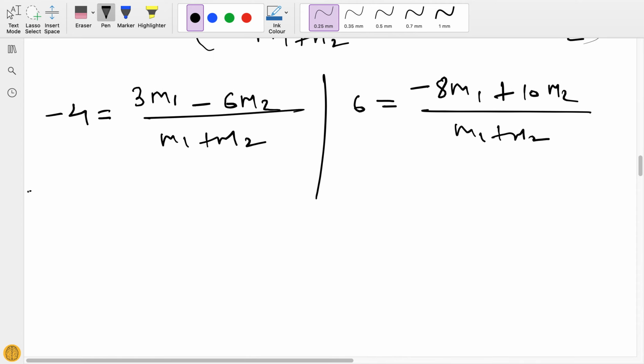So let's do the basic math here. Multiplying across, this will be minus 4m1 minus 4m2 equal to 3m1 minus 6m2.